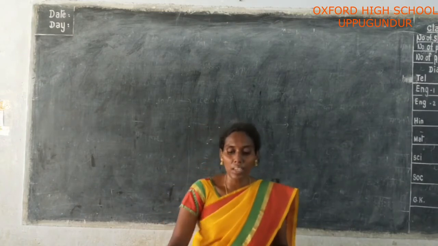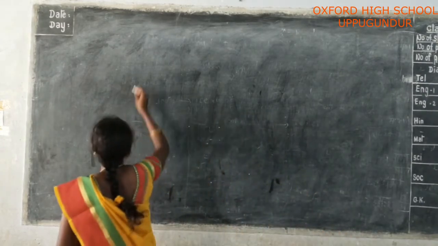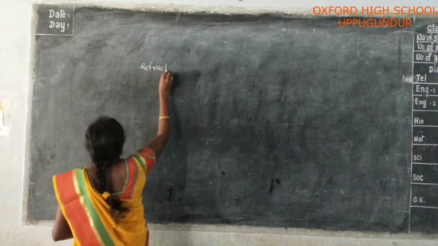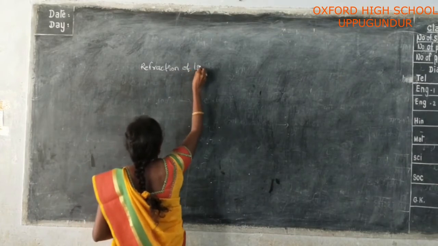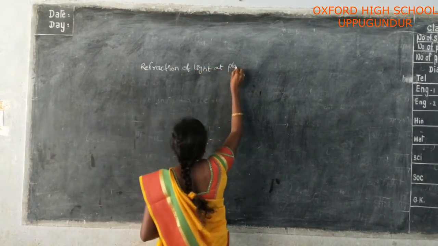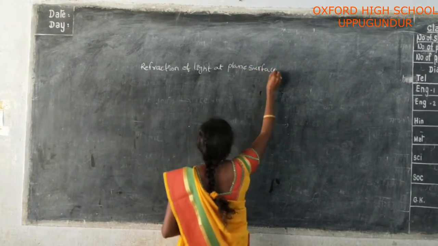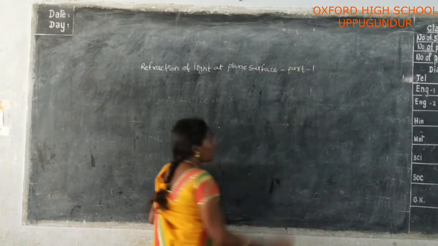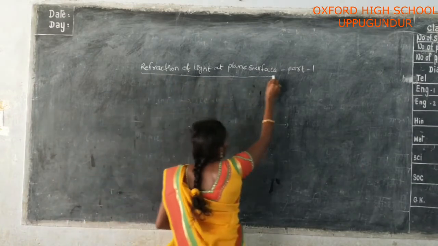The second lesson name is refraction of light at plane surface, part 1. Okay? Refraction of light at plane surface part 1.